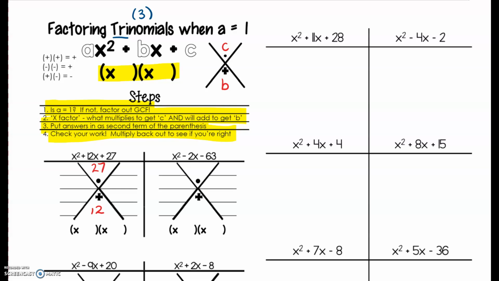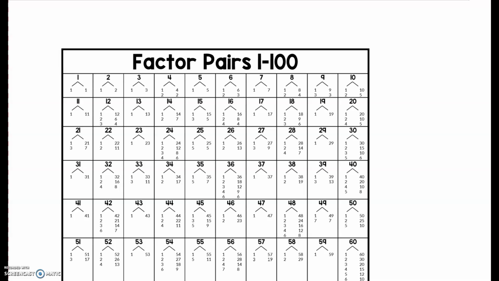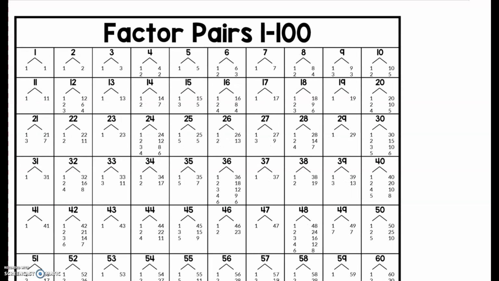I have provided a reference sheet for you. If you open up that reference sheet while you are completing this, it helps greatly. In yours it's listed as the factoring reference sheet. I want to find the factors of c, 27. Right here is 27. I want to find a pair of factors of 27 that add to give me 12.